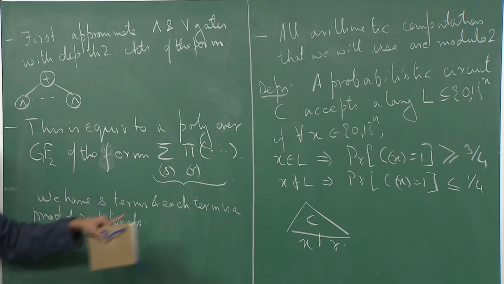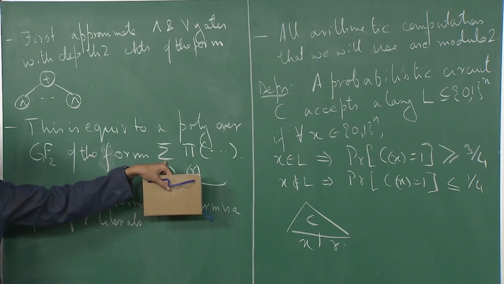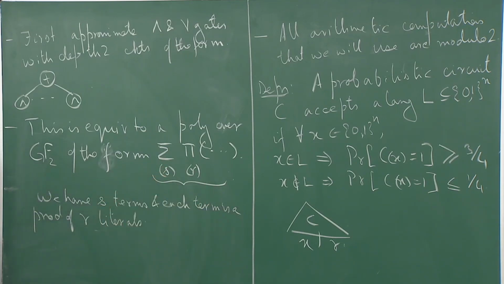So these AND gates have fan in at most R, and the parity gate at the top has fan in at most S.